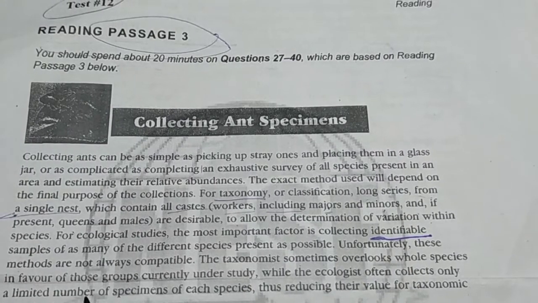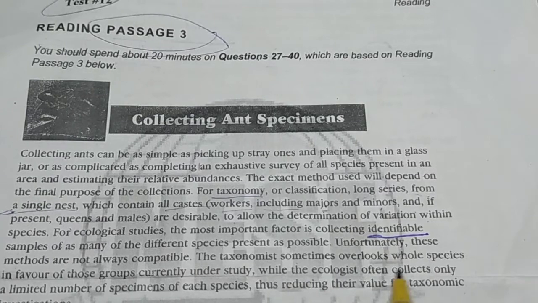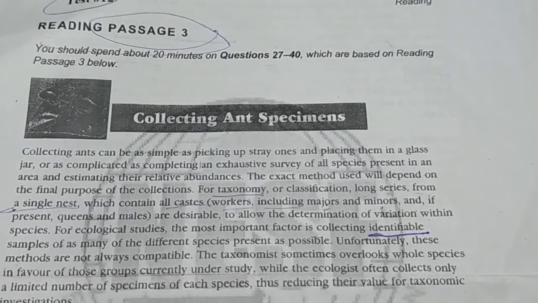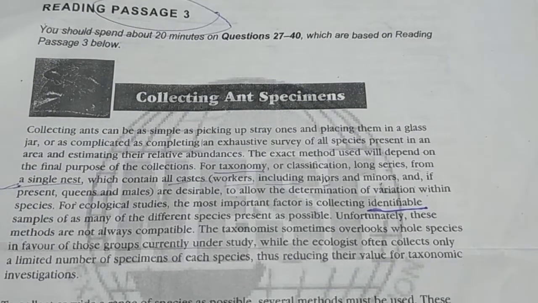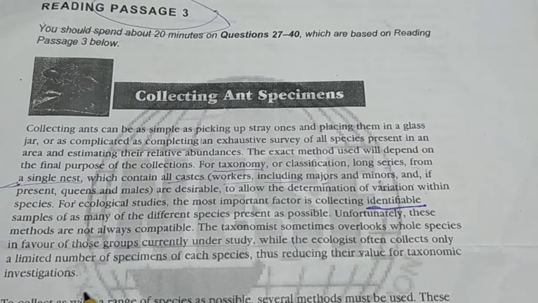Unfortunately, these methods are not always compatible. The taxonomist sometimes overlooks whole species in favor of those groups currently under study, while the ecologist often collects only a limited number of specimens of each species, thus reducing their value for taxonomic investigations.